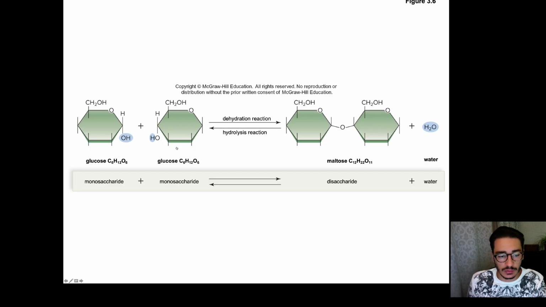Let me explain it this way. Glucose is a simple sugar, right? The structure has 6 carbons: 1, 2, 3, 4, 5, 6. So it's C6H12O6.